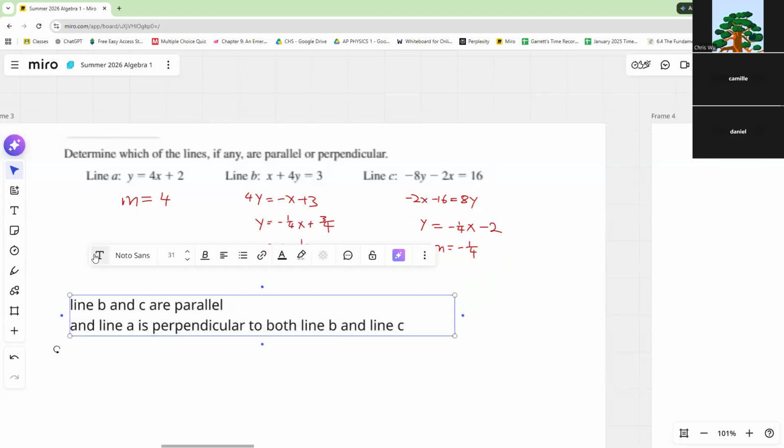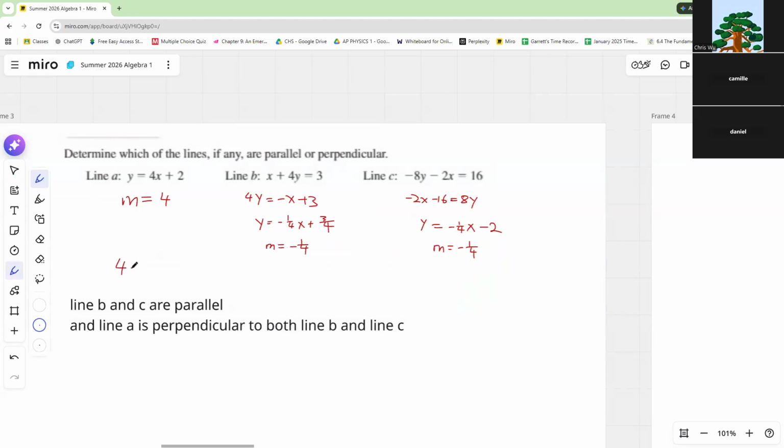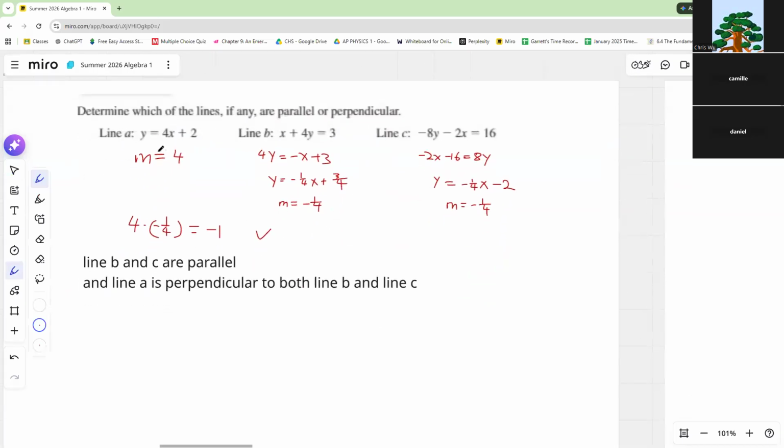They are negative reciprocals. If I multiply 4 by -1/4, I do get -1, right? Hence, they are indeed negative reciprocals. So line A is perpendicular to both line B and line C, like that.